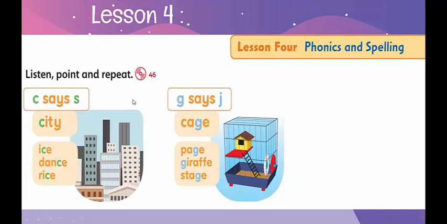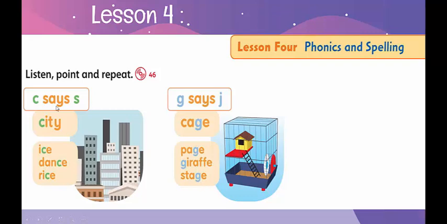The next word, giraffe, giraffe. The giraffe is the tallest animal. And the next word, stage, stage. The singer stood on the stage.